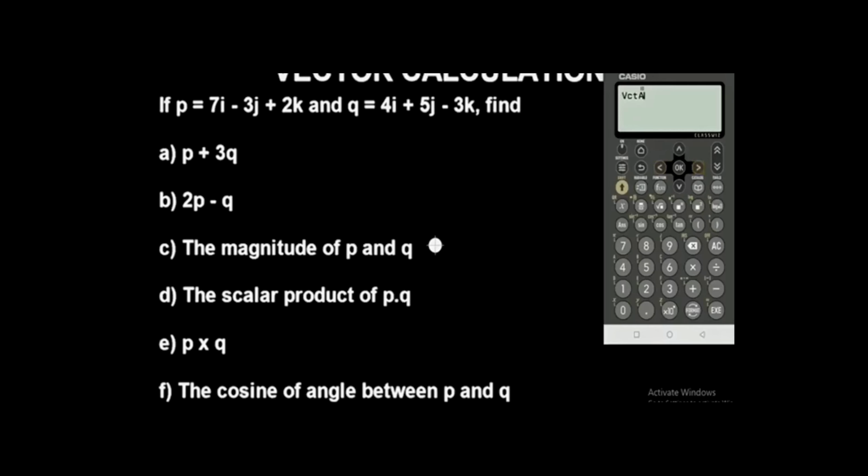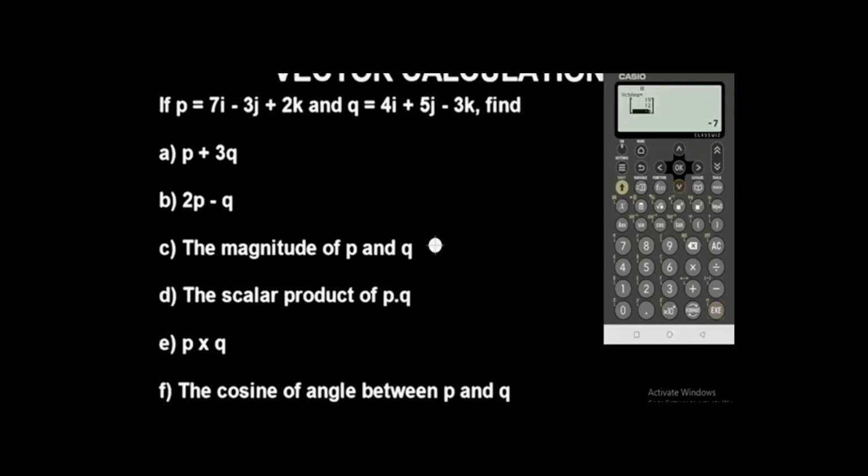So we have vector A plus 3 vector q. Well, a vector q is a vector b on this calculator. Catalog again, vector option, vector b. So that's it. Let's press equal to now, execute to see the output. So this will give you the output. It is as simple as this.